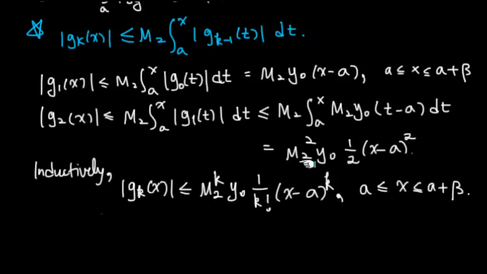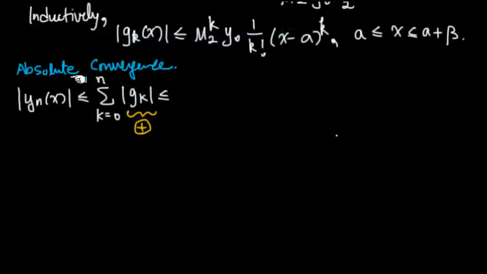This m2, this 2 is exactly this index, m to the kth power, absolute value of y0. And as you integrate more and more, that just picks up the usual antiderivative of x minus a, so that picks up k factorial and the kth power here. So the kth term of yn is going to look like this.